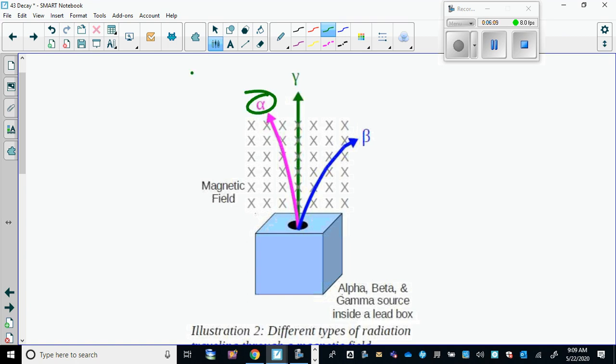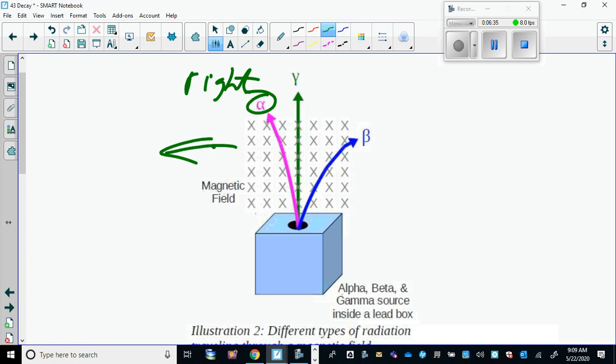For the alpha particle, you can use your right hand rule because it is positively charged, so your fingers point into the board, your thumb points up, and therefore your palm is facing to the left. So an alpha particle in that situation would be deflected to the left.